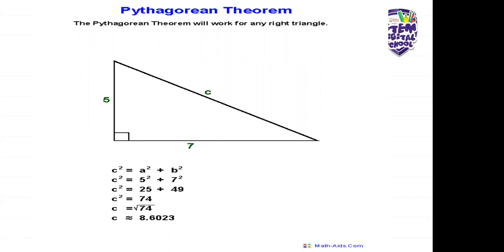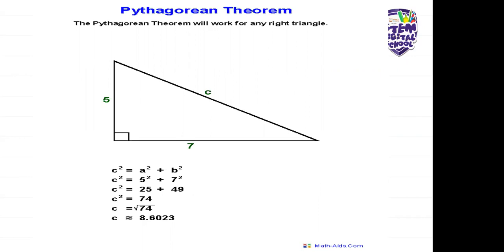Therefore, in terms of the theorem of Pythagoras, the square on the hypotenuse side, which is C, if you square C, this will be equal to the sum of the squares of the other two sides. In other words, C squared is going to be equal to A squared plus B squared.